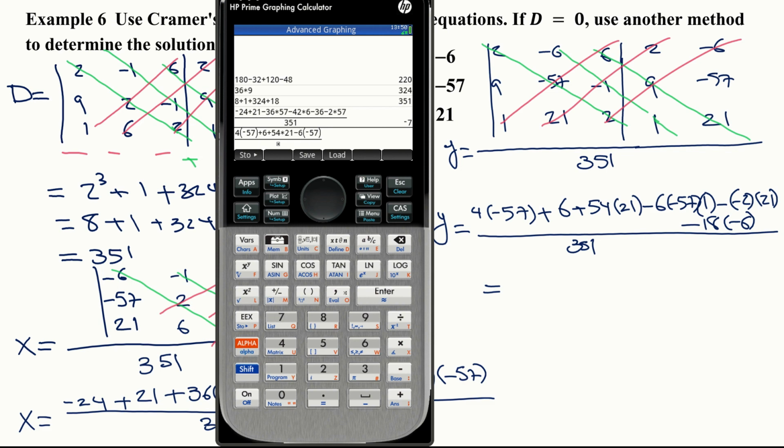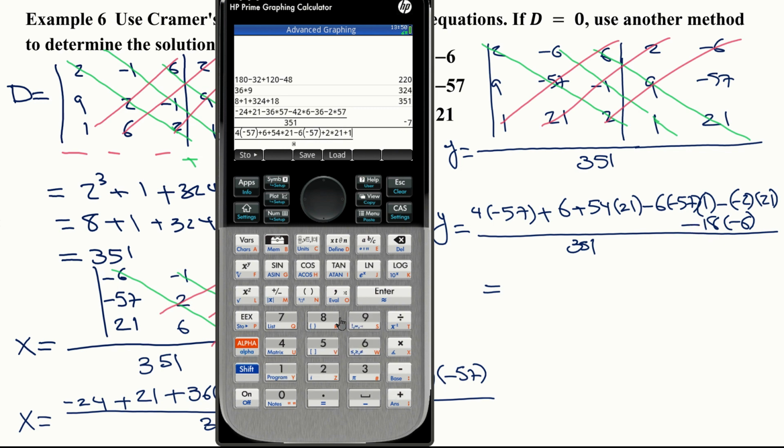And notice that here negative times negative gives us positive. I could have done it here too, but I didn't, but I'll do it here. So plus 2 times 21, and then minus 18 times negative 6, so that's going to become plus, right?